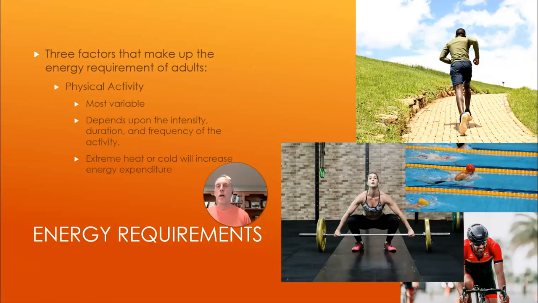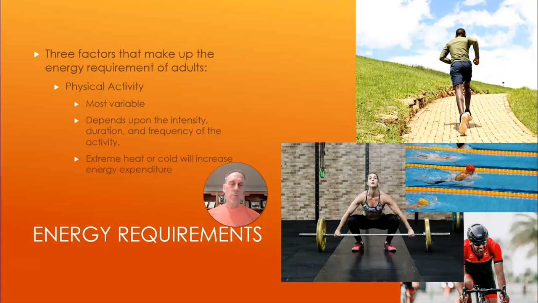The factors that make up energy requirements for adults, in terms of physical activity, you have this variable component to the requirements in terms of energy. RMR is pretty straightforward. It's based upon just us, our body mass, and everything we just saw in the previous slide.